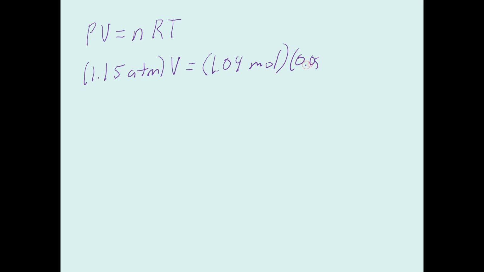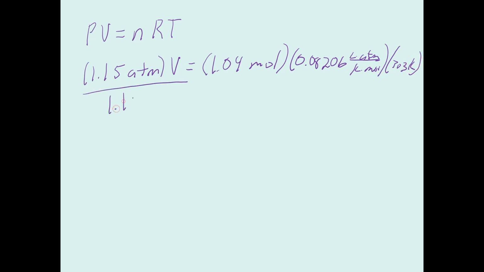So PV equals nRT. And we were given a pressure of 1.15 atm times the volume is equal to, we calculate 1.04 moles times R over Kelvin times mole, and we have 303 Kelvin.